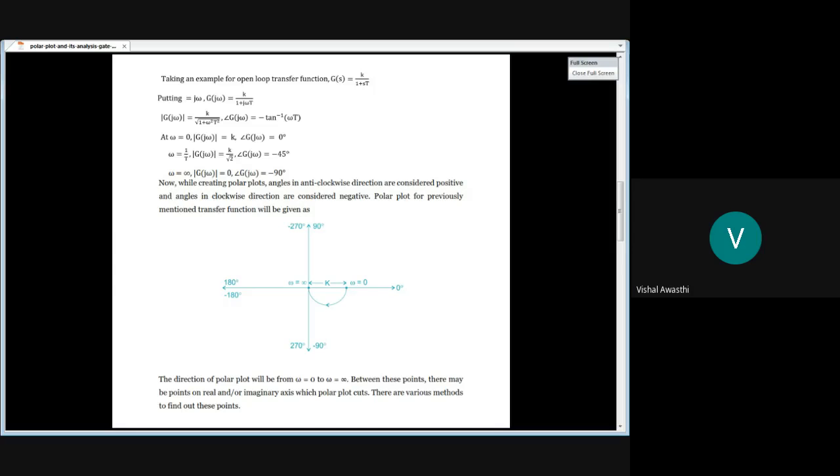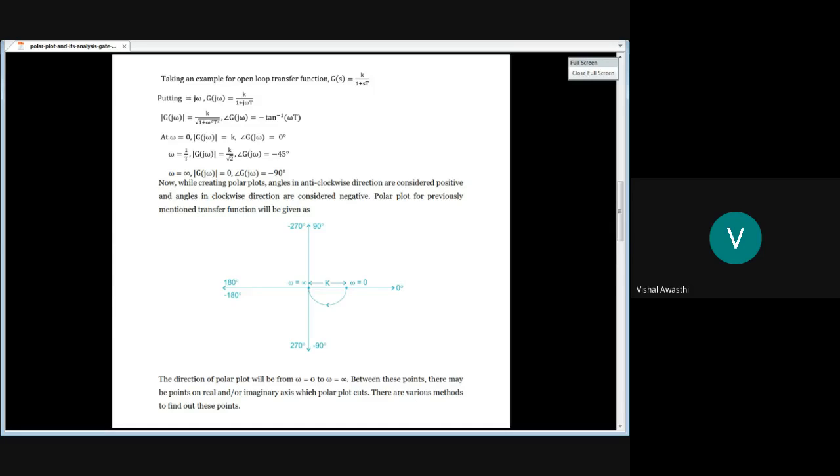So now you have three values of magnitude and phase with respect to the frequencies 0, 1 by T, and infinity. Now you just have to draw a plot of this magnitude and phase with the variation of these frequencies, and this plot is nothing but simply your polar plot.